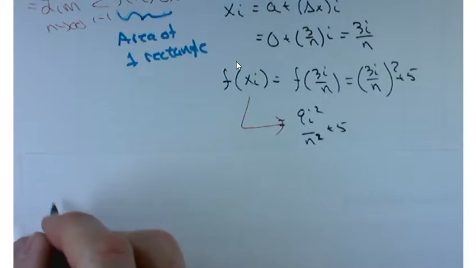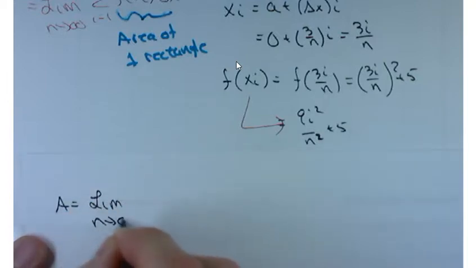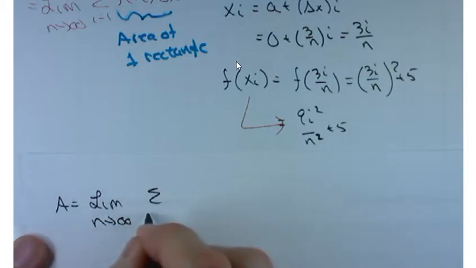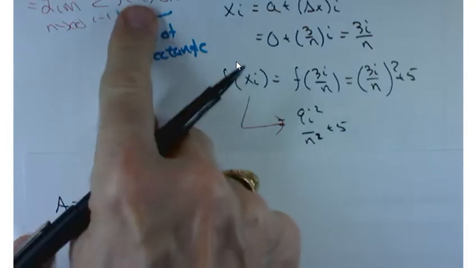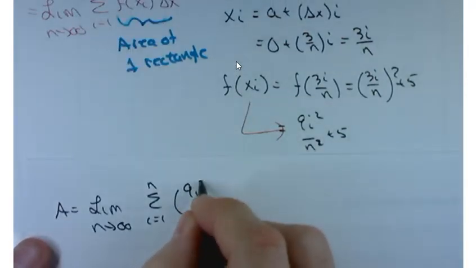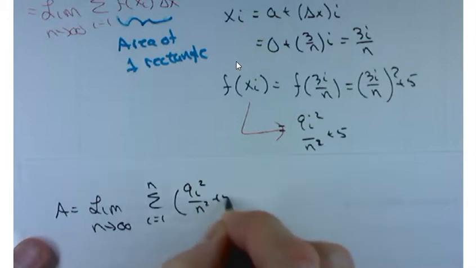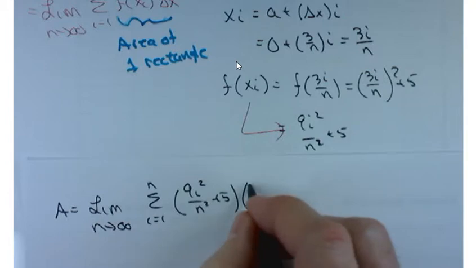This area is going to be the limit as n approaches infinity of the sum from i equals 1 to n of f of x sub i, which is 9i squared over n squared plus 5, times delta x, which is 3 over n.